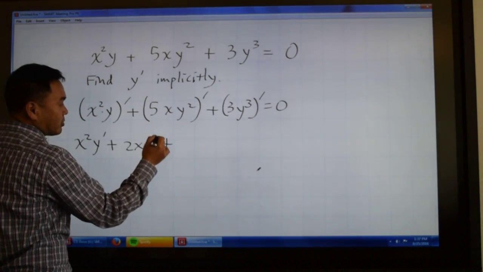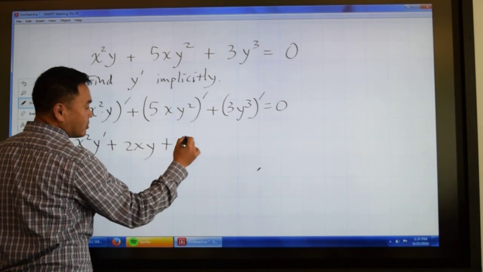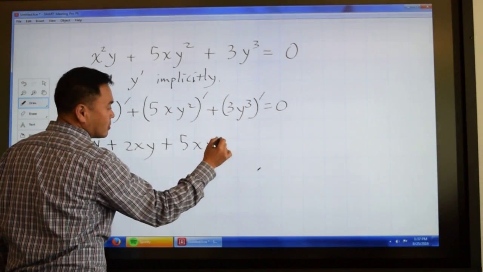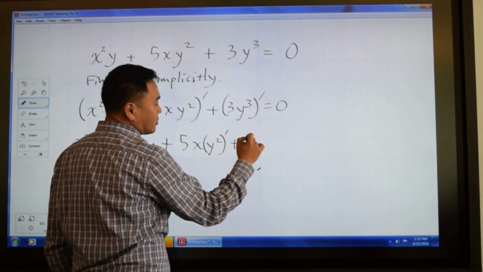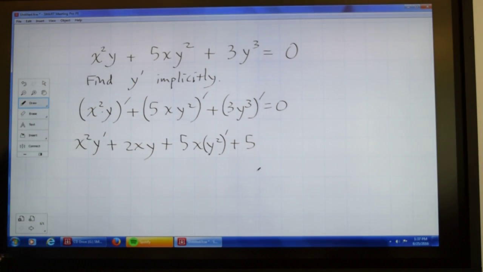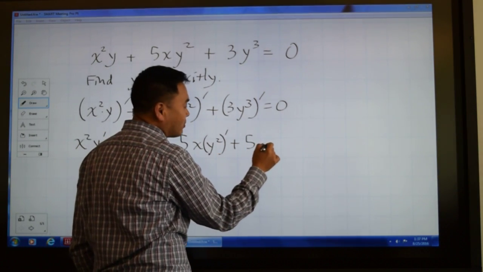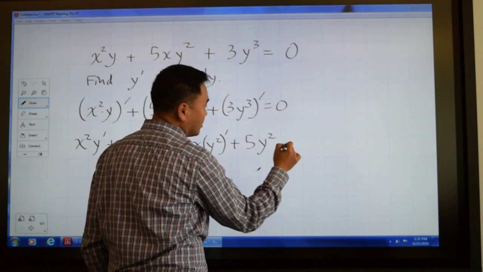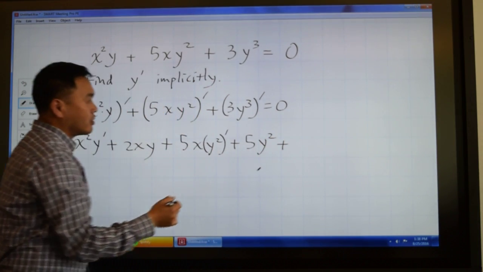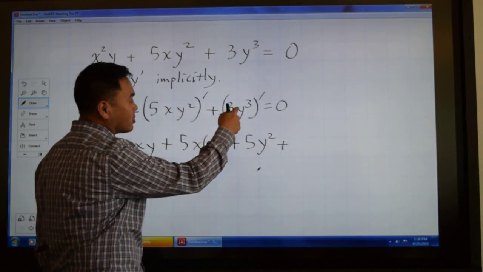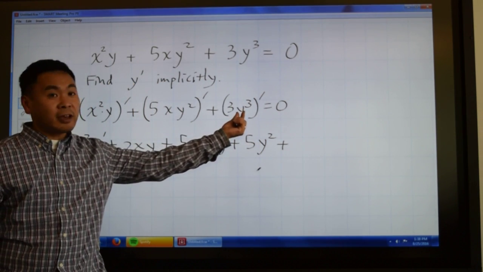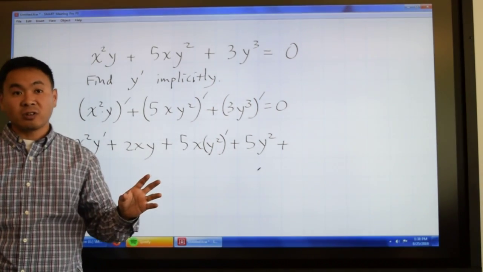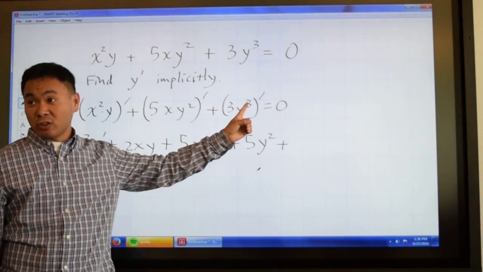Again, the same thing applies here. You differentiate the second, and then plus differentiate the first. 5x, if you differentiate it, is just 5 by itself. And then for this one, it's a nested function because y is a function of x nested inside y cubed.